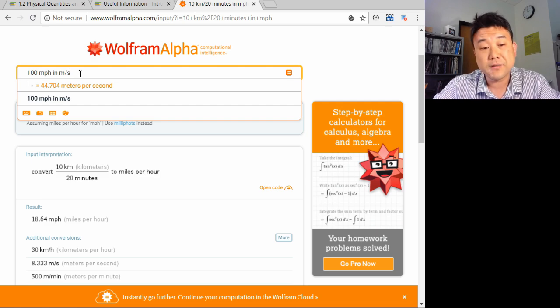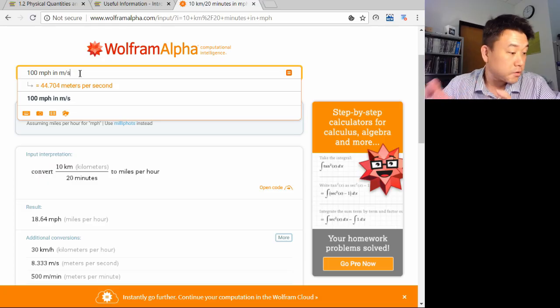Wolfram Alpha is the same thing. If you just need the answer, you can use this to get the answer. But I strongly encourage you to learn how to do this by hand and use this tool to just double check your answers. So that's all the examples I have.